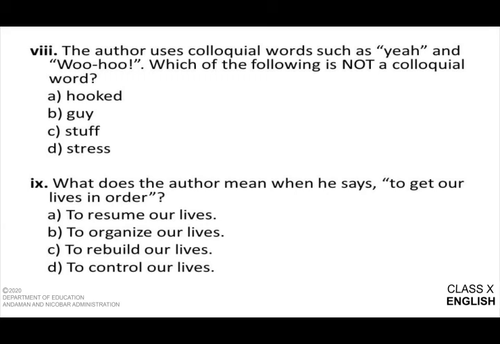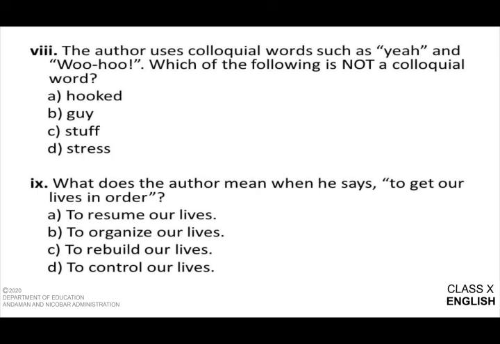So, hooked, guy, stuff and stress. Here stress is not a colloquial word. So, children, you need to read the question very carefully. Here it is, which of the following is not a colloquial word. Please do not think which is colloquial. You have to read very carefully, or you can make a mistake while writing the answers. So, stress would be the correct option.